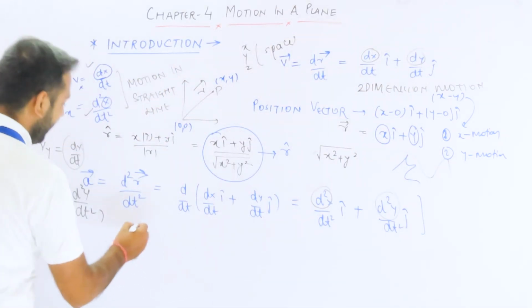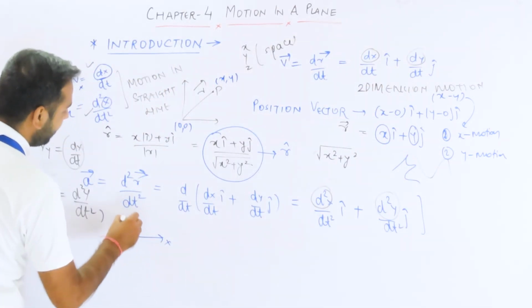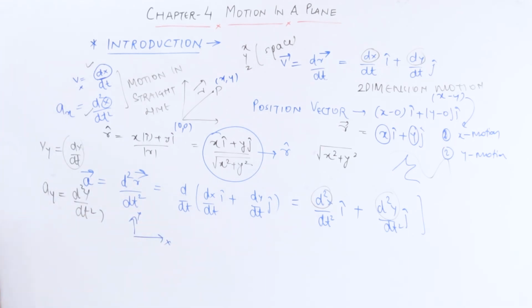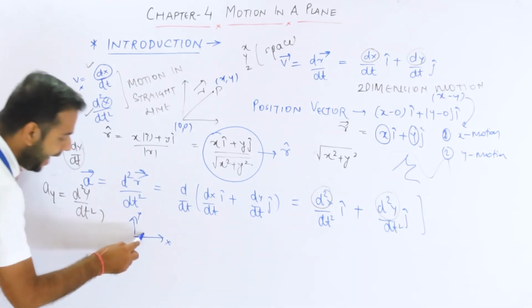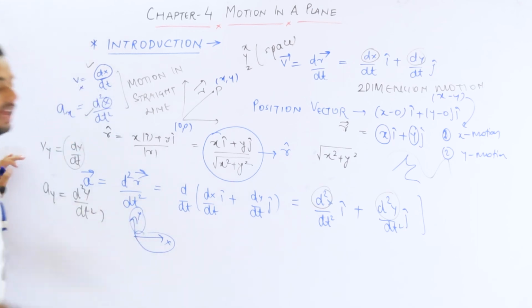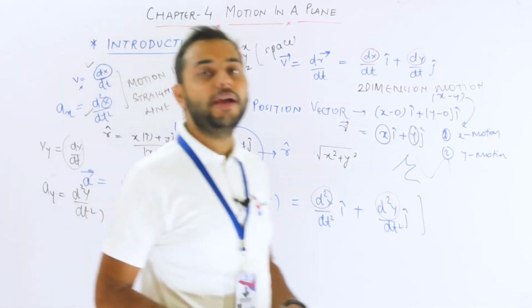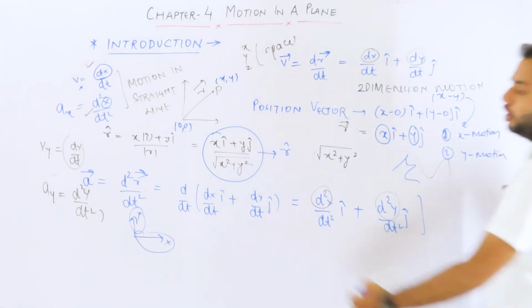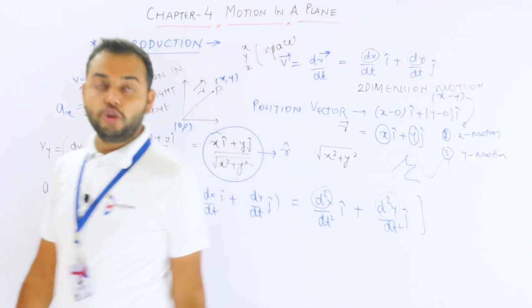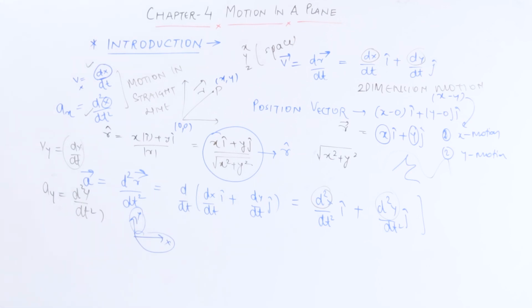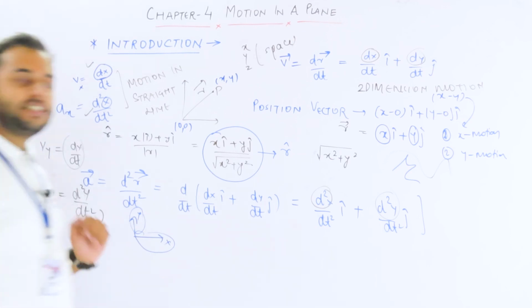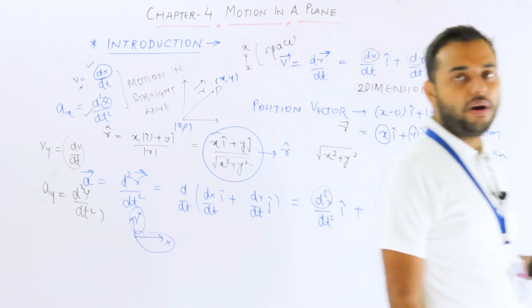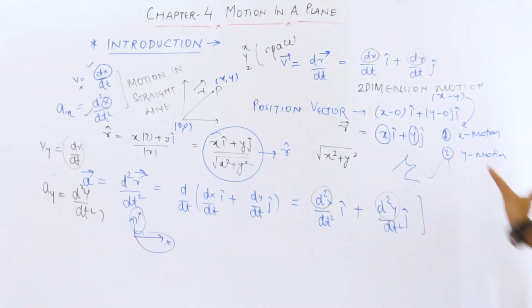Suppose a particle is moving in a straight line in the x direction and another particle is moving in a straight line in the y direction. If you combine both these straight line motions, then you will get an idea of motion in a plane. So motion in a plane is nothing else but a combination of two straight line motions, or two motions in one dimension.